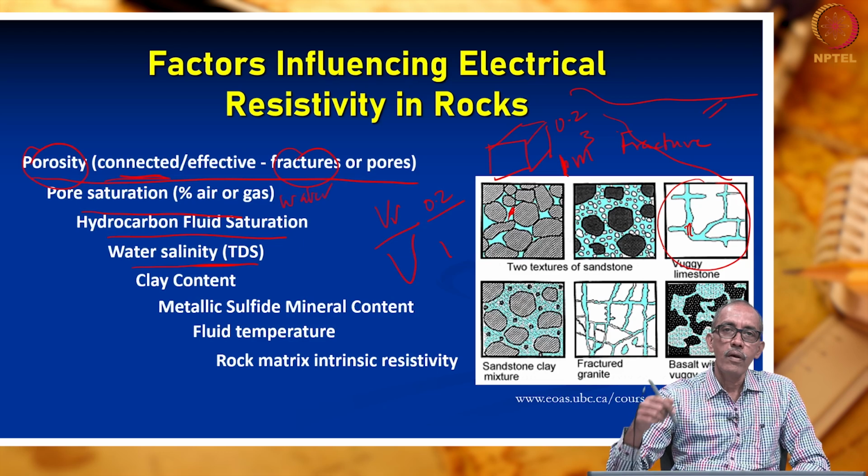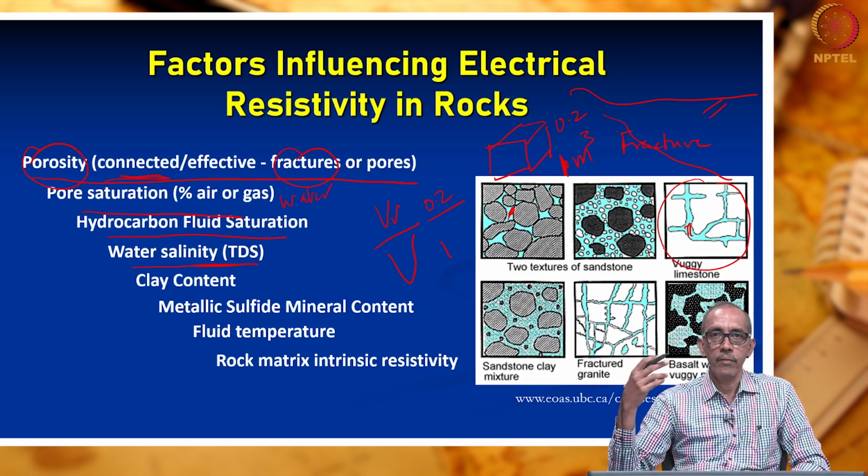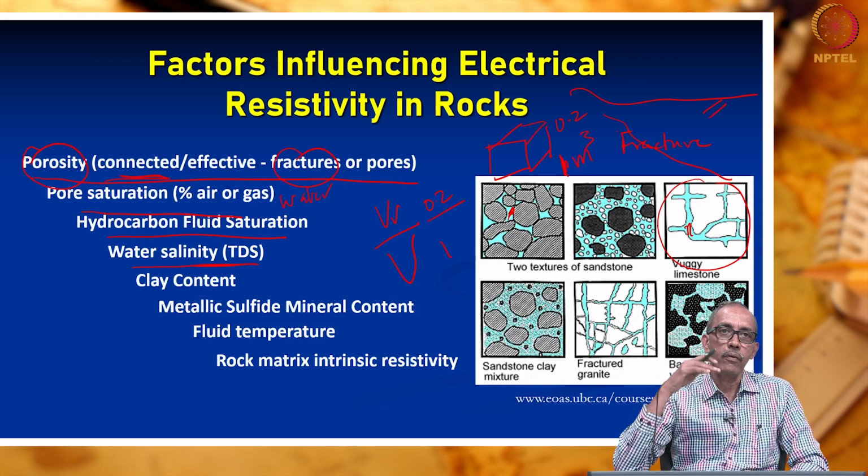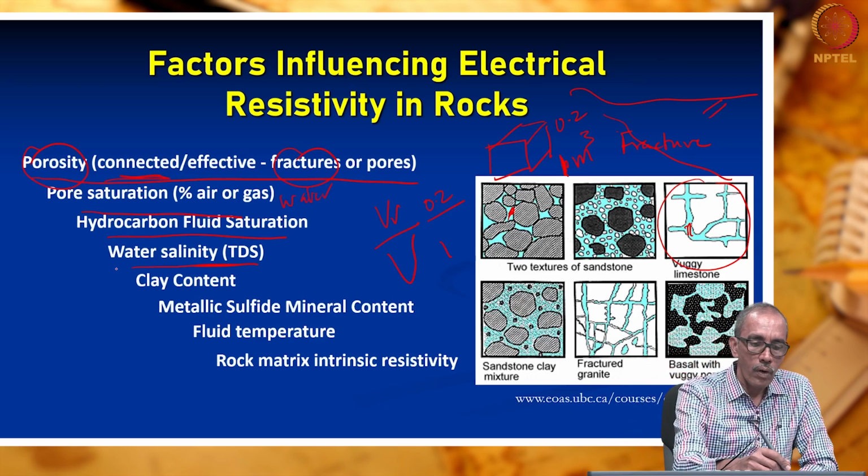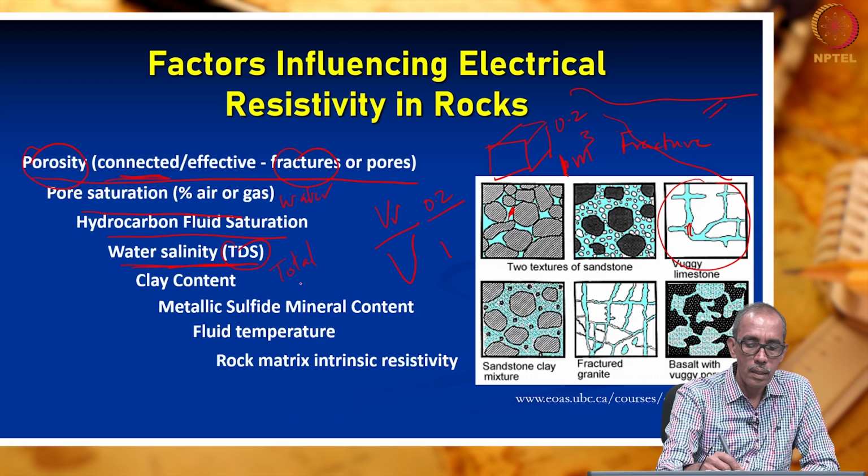If the same fresh water becomes saline, rich in dissolved salts, especially sodium and chloride, resistivity will go down. So, water salinity or TDS, that is the total dissolved solids.